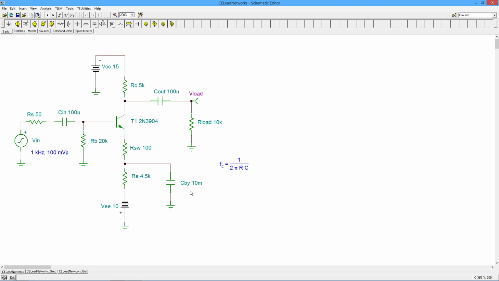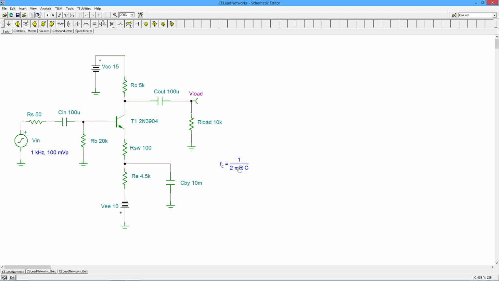Nonetheless, let's start off with a simple transient analysis on this amplifier with a 1 kilohertz input, just to verify that the break frequencies, the roll-off frequencies created by these capacitors, are well below the 1 kilohertz. And then we're going to use our critical frequency formula, which is just a variation on the capacitive reactance formula.